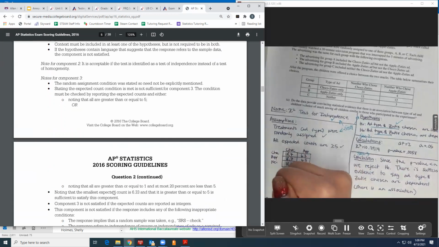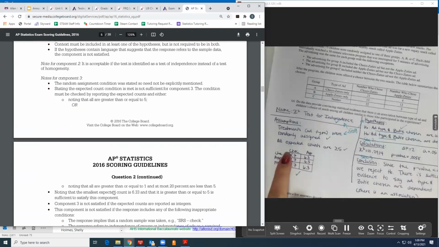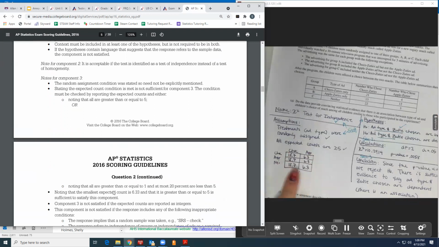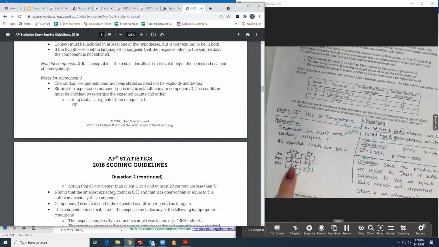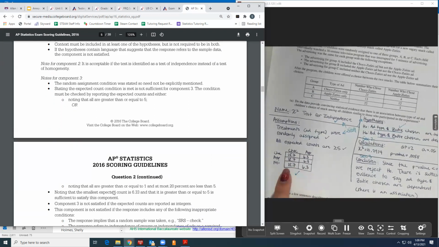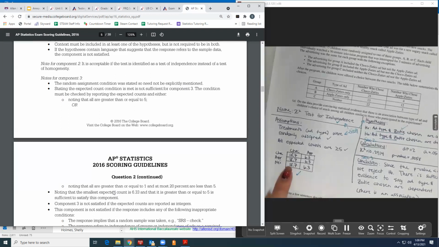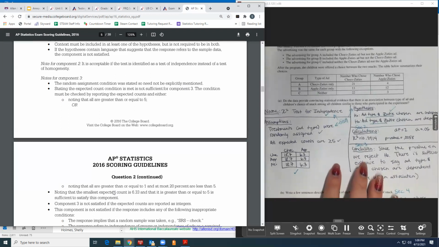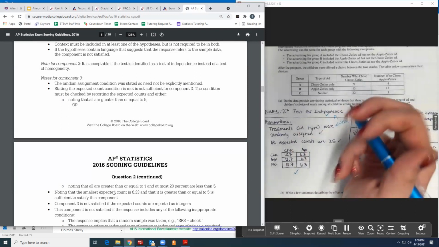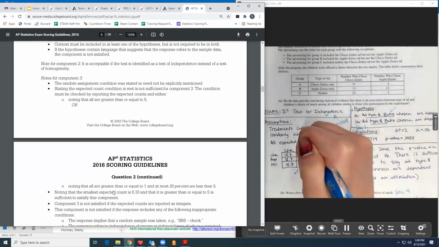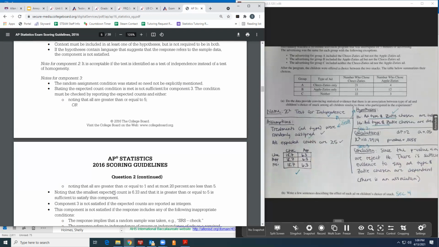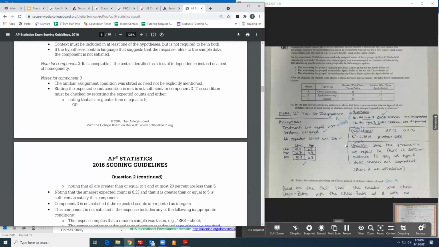You had to give the expected counts. You cannot round these numbers to whole numbers. They have to have at least one number after the decimal, but you could have done more than one number after the decimal. You just cannot round to whole numbers. And you should have had randomness, but you don't have to take off if you didn't. And it should have been treatments were randomly assigned rather than children were randomly selected.